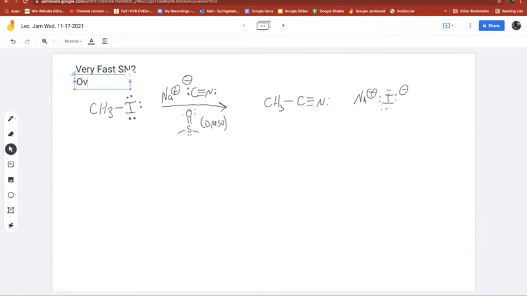So let's say overall first, the mechanism. I'll do it with color, why not?